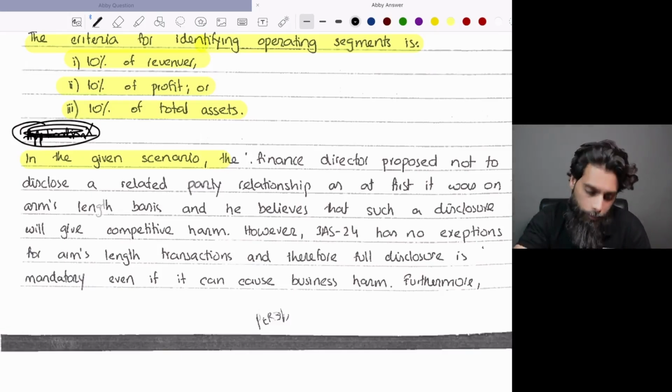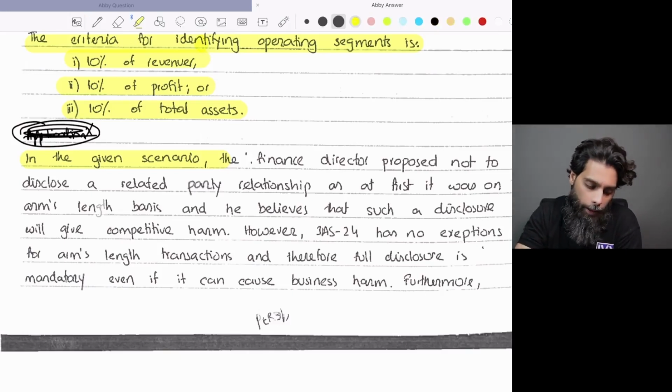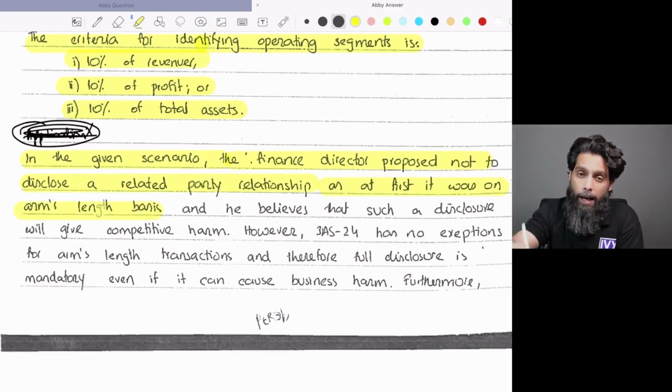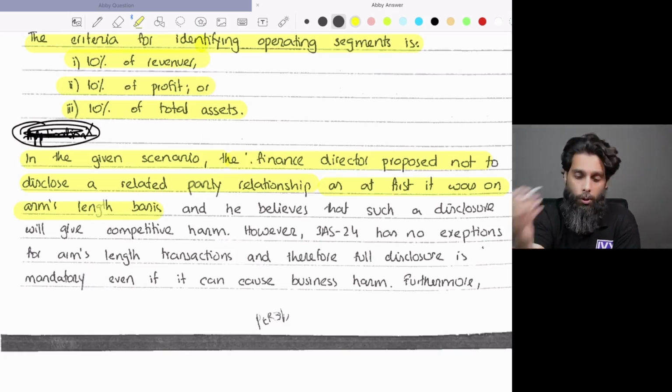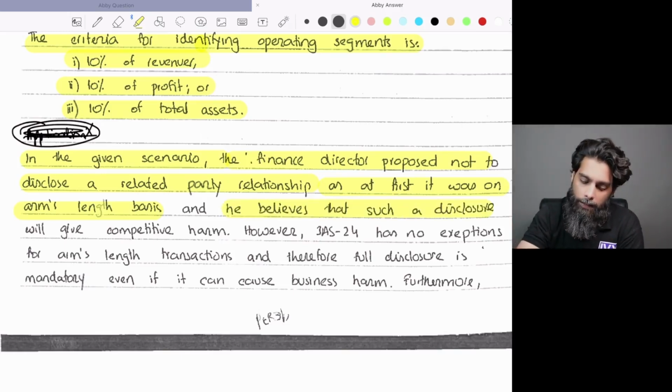So in this particular part, we are saying that in the given scenario, the finance director proposed not to disclose a related party relationship, as it was on an arm's length basis. He was trying to make the point that since it is an arm's length transaction, you should not be disclosing it, as he believes such a disclosure would cause competitive harm.